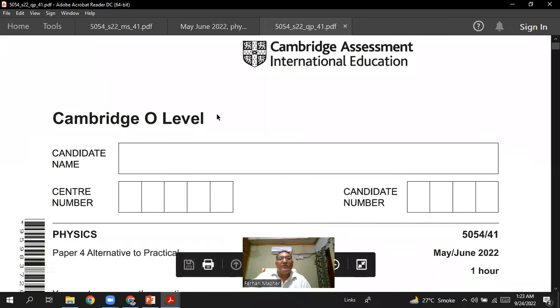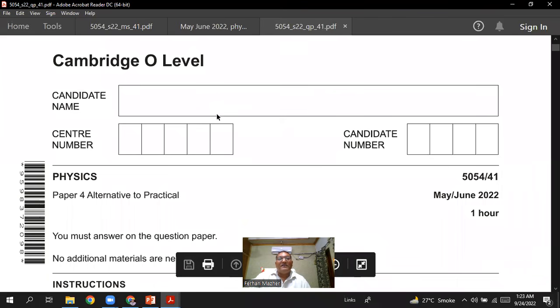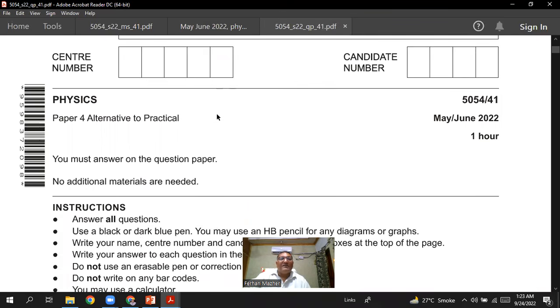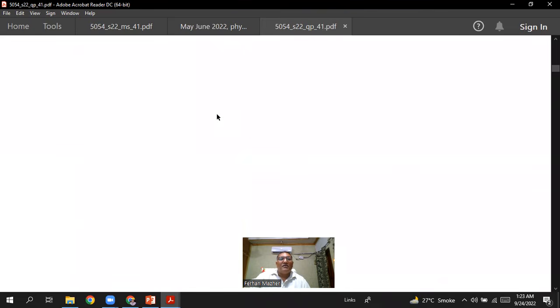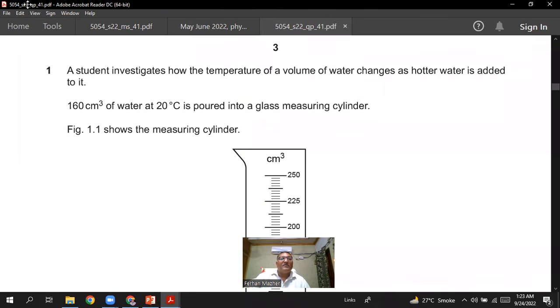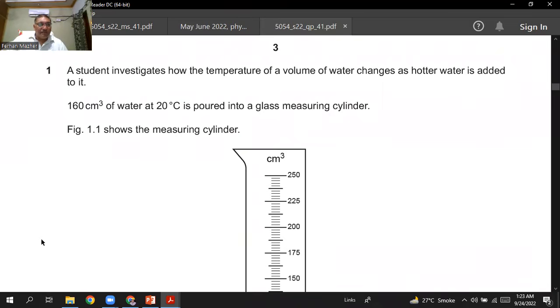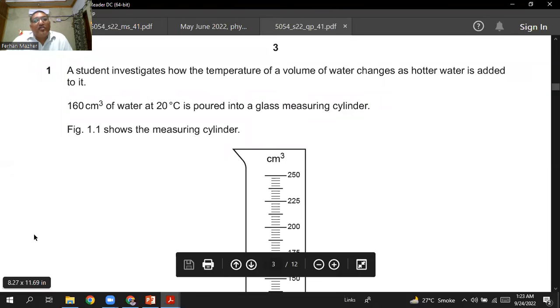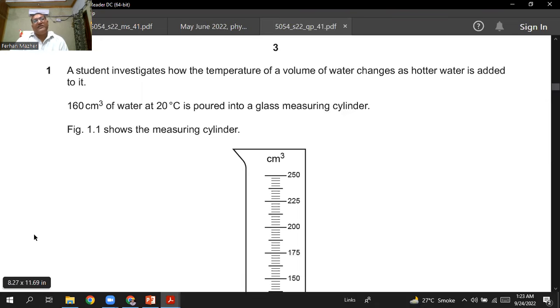So here we go. The Cambridge O Level Physics 5054 4-1 paper. 1 hour is allowed. Alternative to practical. Okay. So the first question coming up on your screen. A student investigates how the temperature of a volume of water changes as hotter water is added to it. 160 cubic centimeter of water at 20 degrees centigrade is poured into a glass measuring cylinder.